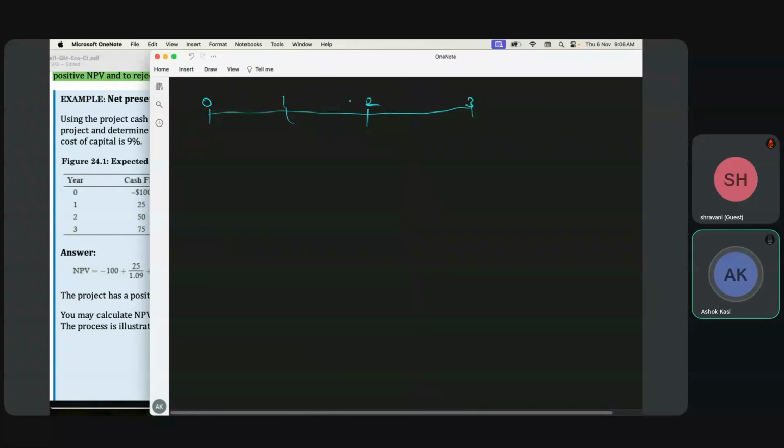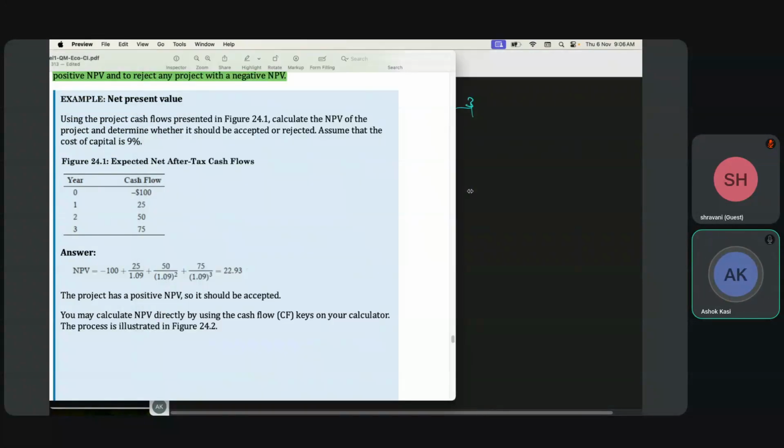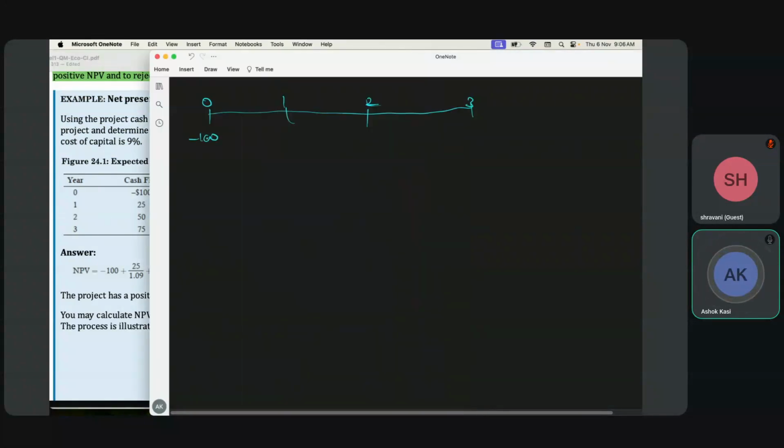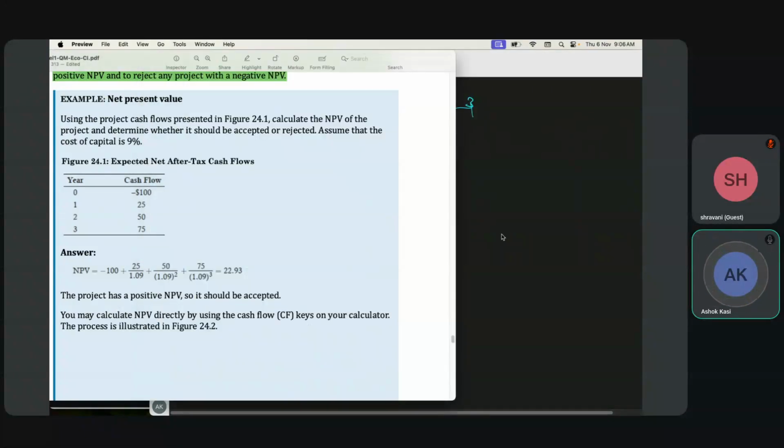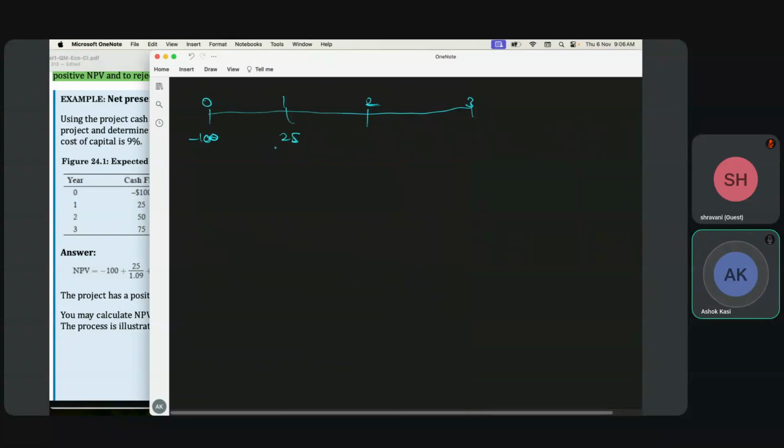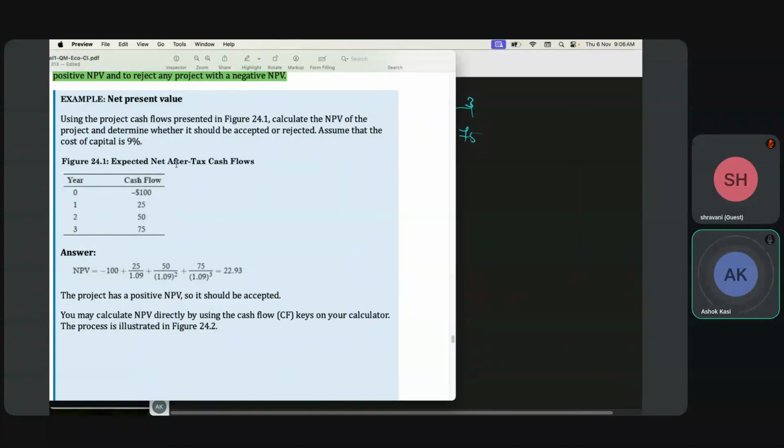Initially you have to shell out 100 rupees to set up the cafeteria business. After that you will get 25 in the first year, and in the second year you are expecting 50, and in the third year you are expecting 75. So if this is the case, what is the net present value?